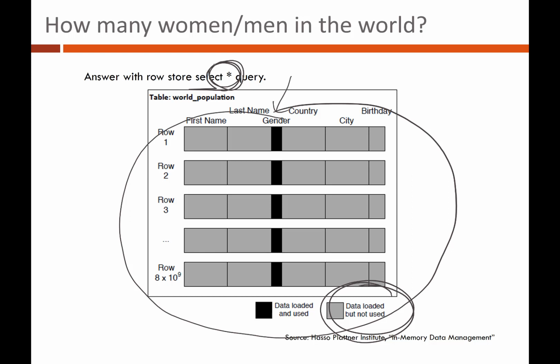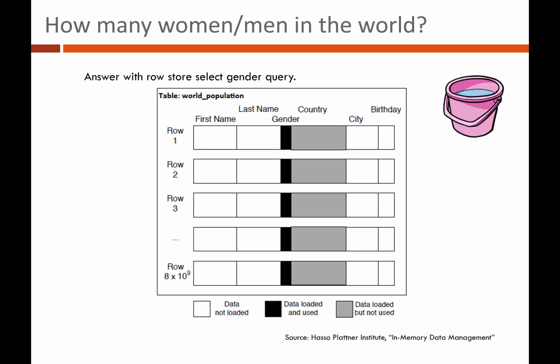Well, let's assume you can see in this you fetched a lot of data that you didn't actually need. Well, now we're going to do this. Suppose you got better at your writing of query and you wrote a select gender query against a row store database, okay? So now we're not going to fetch too much data.